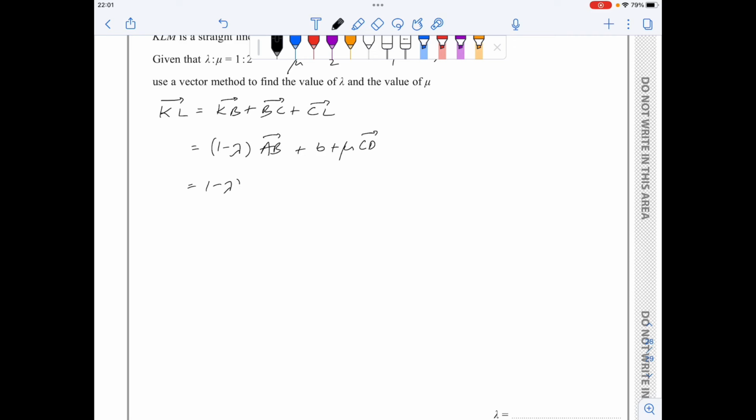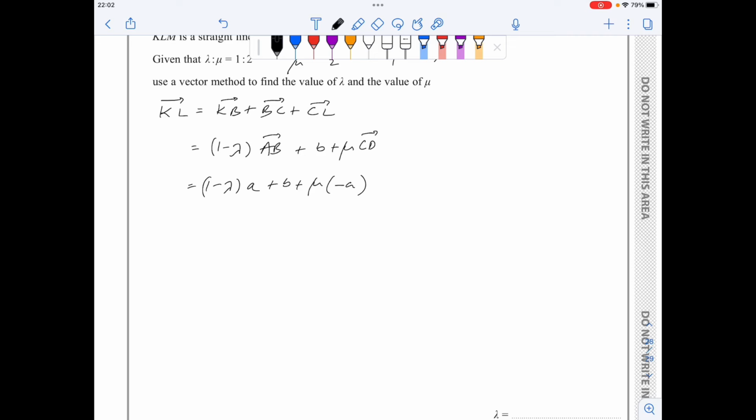That equals 1 minus lambda times a, plus b, plus mu times CD, which is equal to minus a. It's the same length but in a different direction.